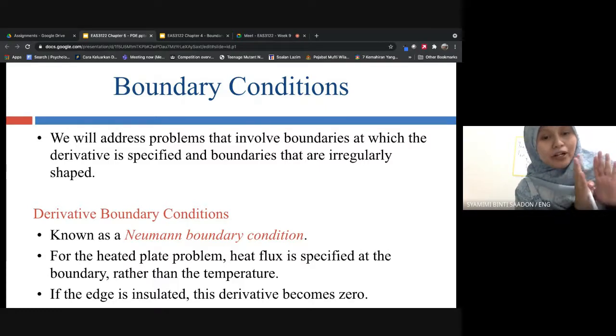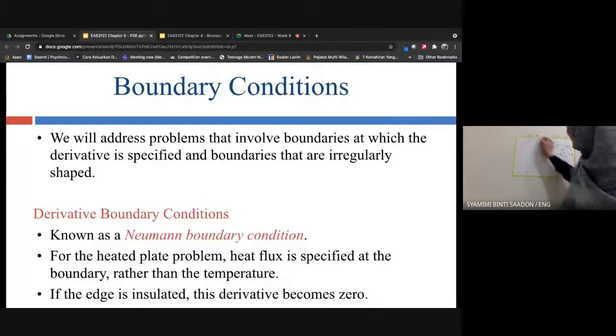So at this point we say the edge of the heat plate is insulated. There is no heat transfer process, or it is very minimal, so the heat flux is zero. The heat flux is in terms of a derivative, so this derivative becomes zero. Understand or not? Okay.